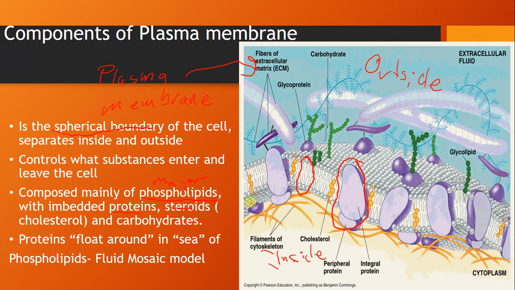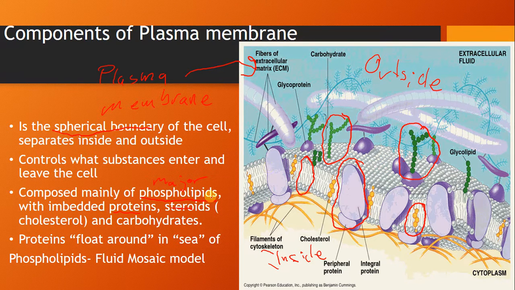And steroids, so cholesterol, which is a form of lipid, and carbohydrates, these green things. The carbohydrates are very important for cell signaling and for the cell to interact with things on its outside, to sense if another cell is close by, or if a pathogen is coming in to harm the cell.